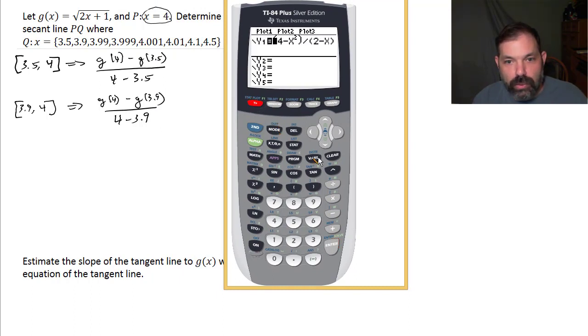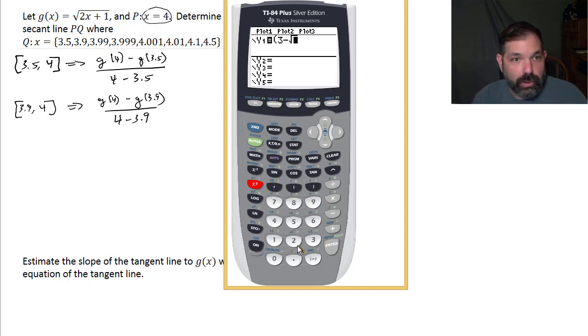So let's go back to our y equals screen. Let's clear out that old stuff. g of 4, that's not changing in these problems. So g of 4 is the square root of 2 times 4 plus 1. 2 times 4 is 8. 8 plus 1 is 9. The square root of 9 is 3. So in the numerator, I have 3 minus the square root of the function.